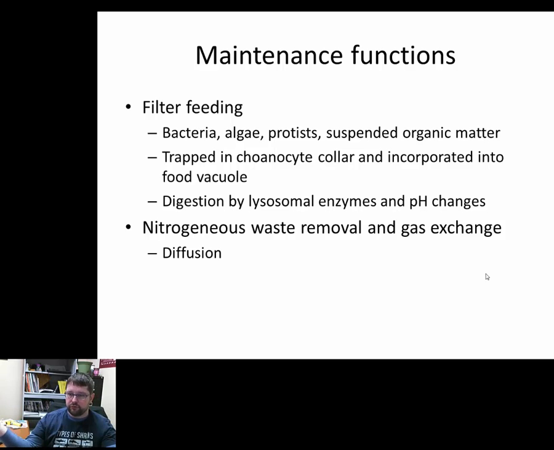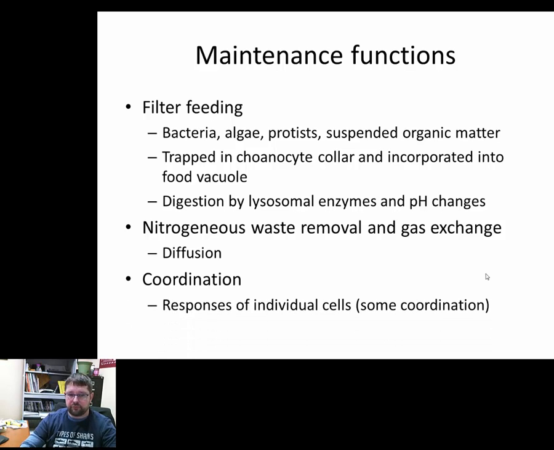The waste is diffused outside of the cell, typically from the choanocytes back into the water column within the central chamber, or if it's closer to the external environment, it would go out through the pinacocytes, the epidermis, that outside layer, out into the water column.